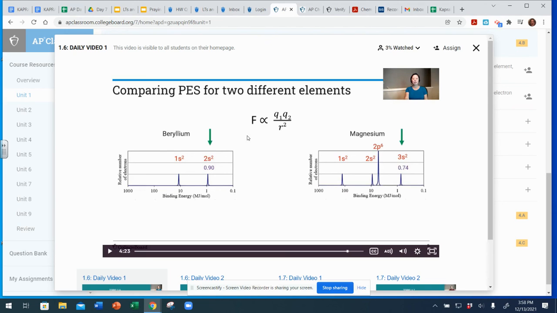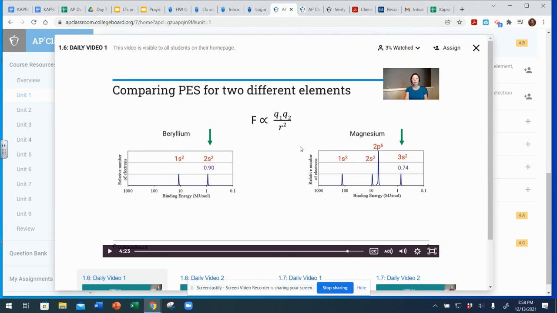This comes back to Coulomb's law again, where you can see that magnesium would have 12 protons. So the charge of the protons here pulling on those same two electrons is much greater in magnesium, meaning the force of attraction for those two electrons in magnesium is much stronger. Hence, it takes much more energy to remove those same 1s electrons from magnesium as it would from beryllium.